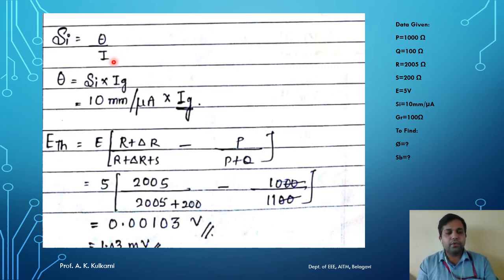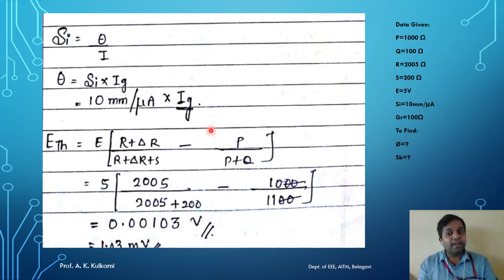The current sensitivity is already given in our problem statement as 10 mm per microampere. But we don't know the current flowing through the galvanometer.